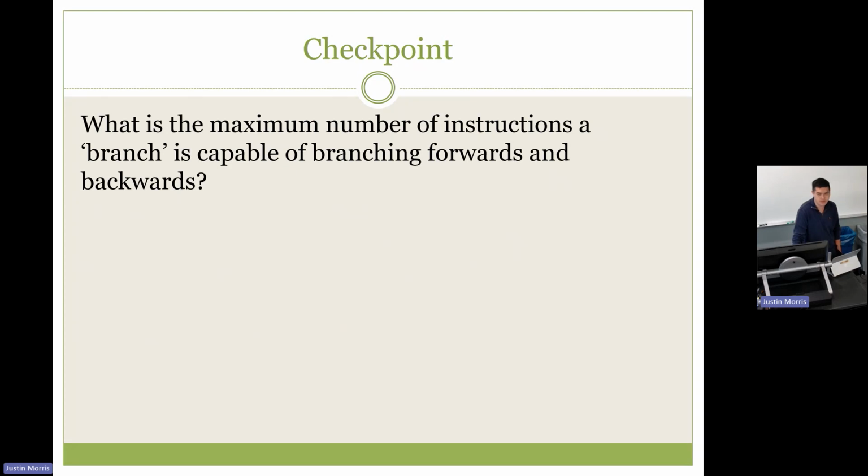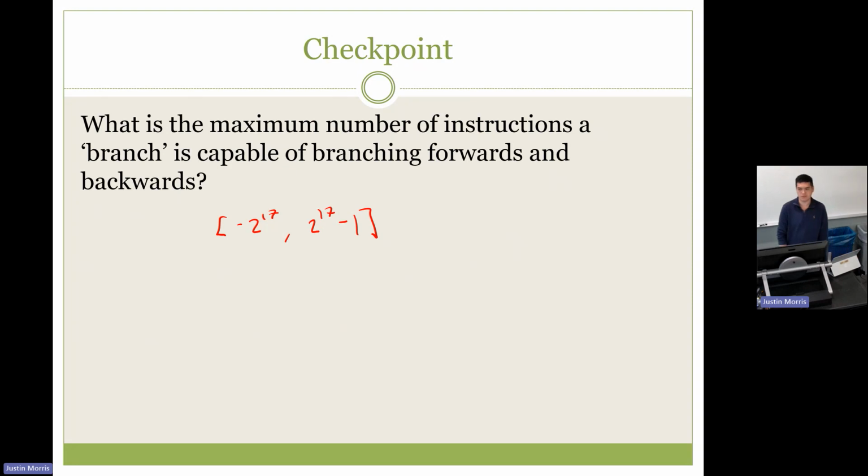Because the last two bits are always 0, 0, because our instructions are word aligned. But we can ignore that, because that just gives us the address. In terms of the number of instructions, it's the same as the immediate field, right? So that means we have this range: -2 to the 17 through 2 to the 17 minus 1.